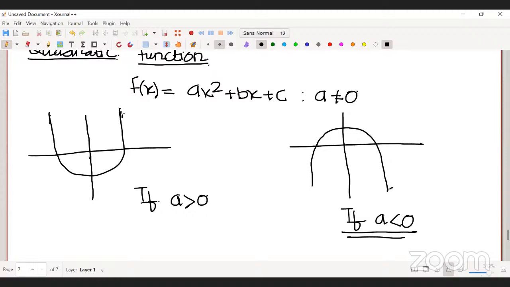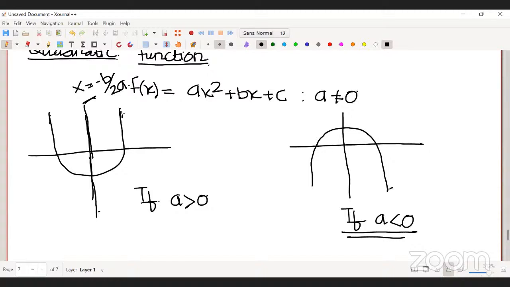This line is the axis of symmetry for the parabola. How can we get the axis of symmetry? The equation of this line is x equal to minus b by 2a, right?